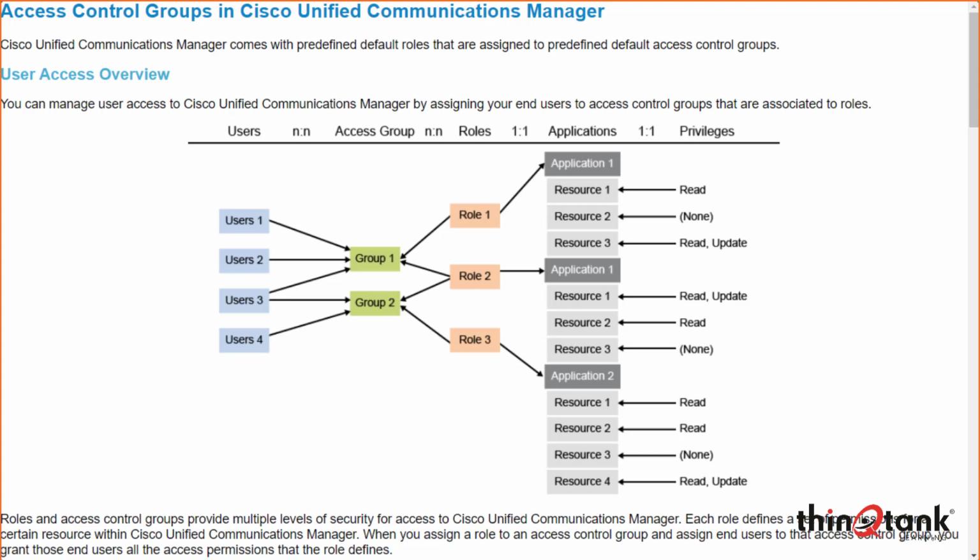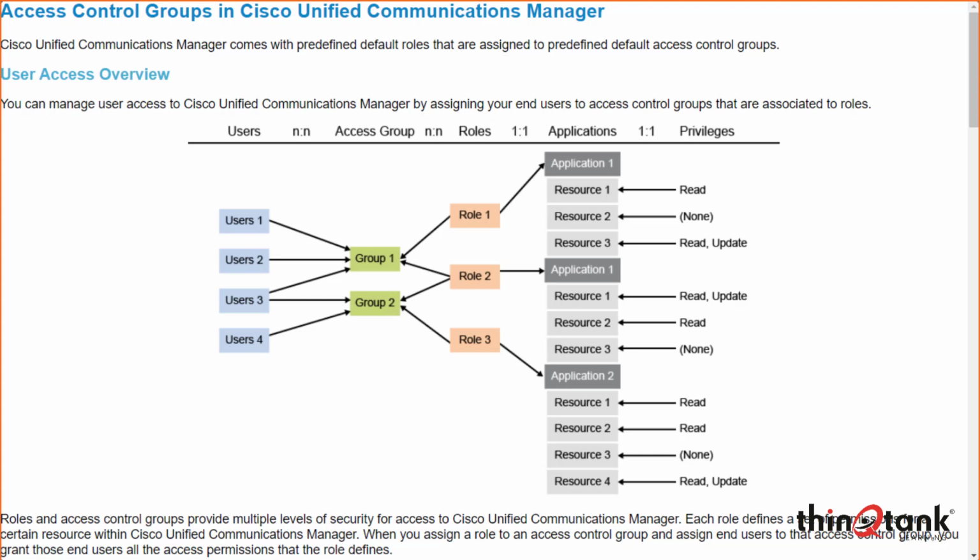So you could say, for example, I'm going to assign or create a user, and I'm going to assign them to a group that is a read-only group for troubleshooting or for verification of the configuration. And so I would provide them CCM admin access to the call manager administration page, but I would provide them only read access to all the resources within the call manager administration, if that makes sense.